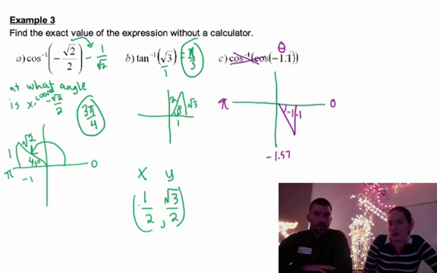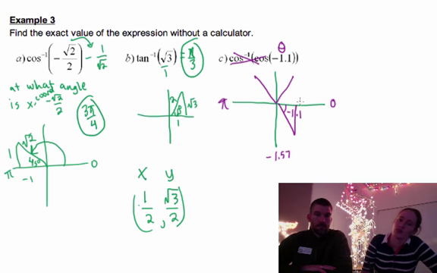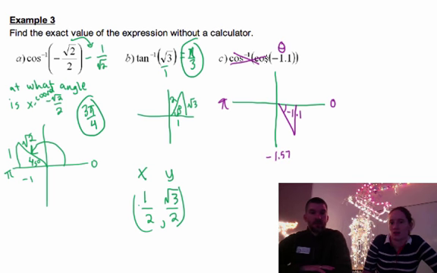But that's not what happened. So we have to figure out and relate that to this over here. It's got to be positive, so it needs to go into the first quadrant, because cosine here is positive, because this side would be positive.